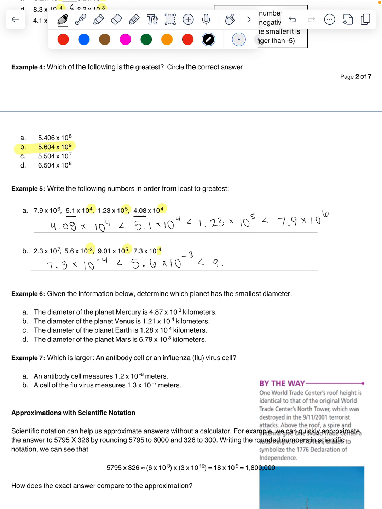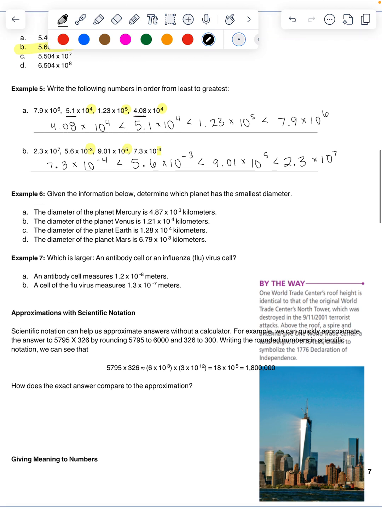So 9.01 times 10 to the 5th is less than 2.3 times 10 to the 7th. So hopefully you're noticing that what we're really focused on is what the exponent is. And then if the exponents are the same, then we look at the number in front.